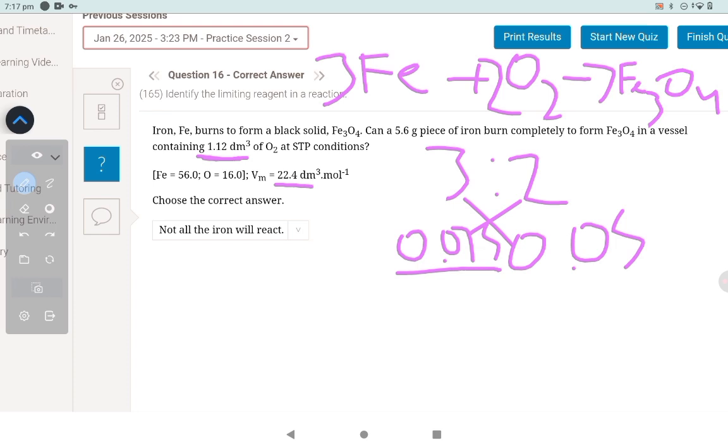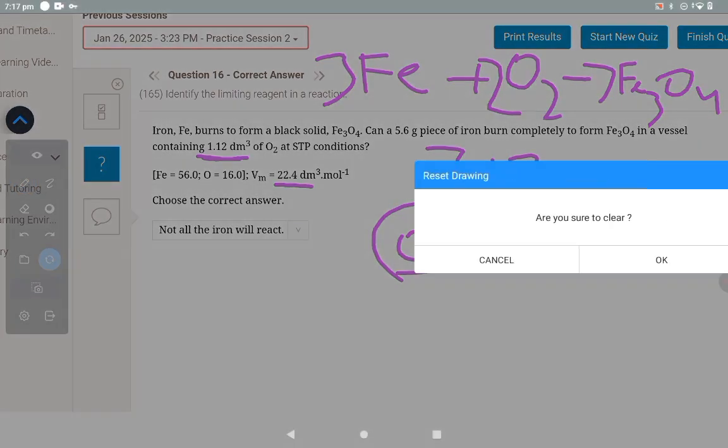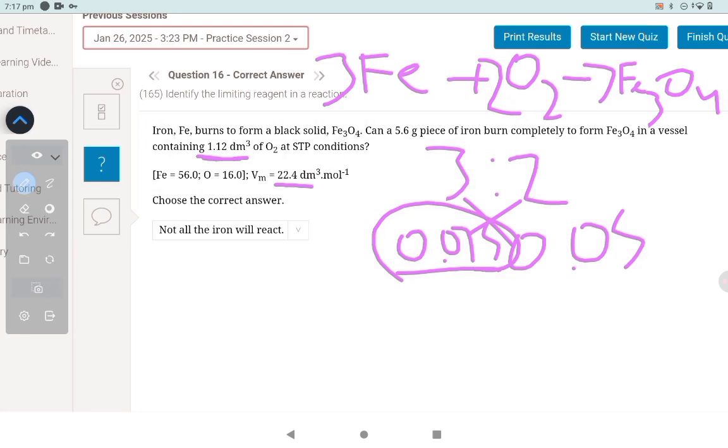So what did they say? Can a 5.6 gram piece of iron burn? Now we know how much it would actually take to completely burn: 0.075 moles of iron. Okay, 5.6 gram.